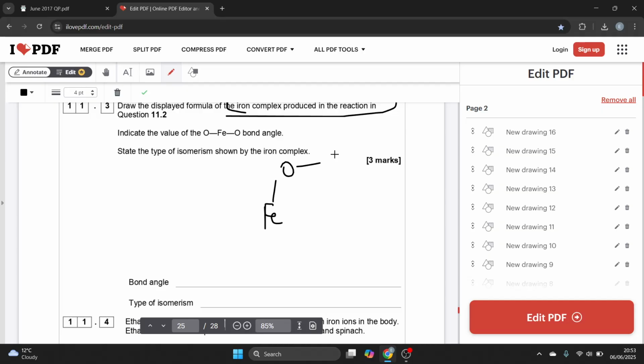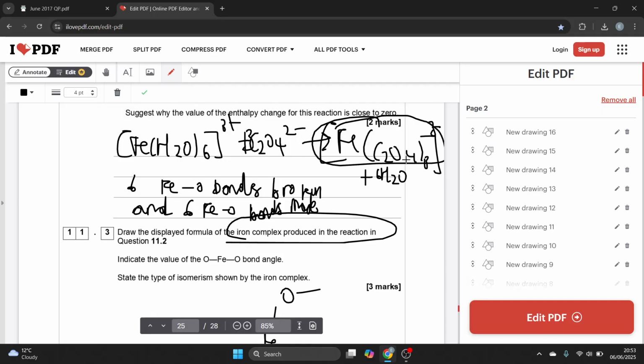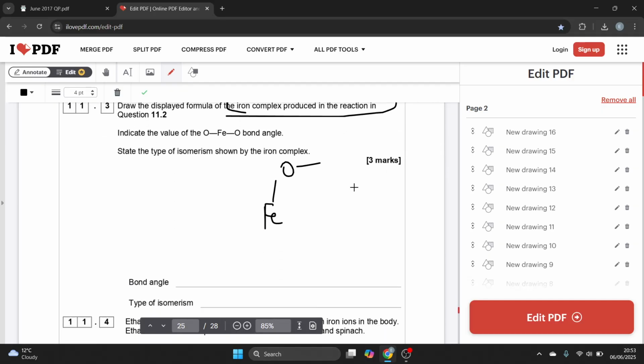Ethane dioate. Again, this is something you literally need to memorize, and you get the point.